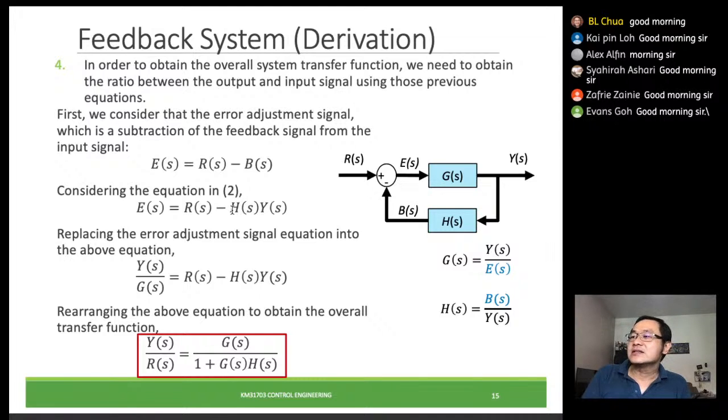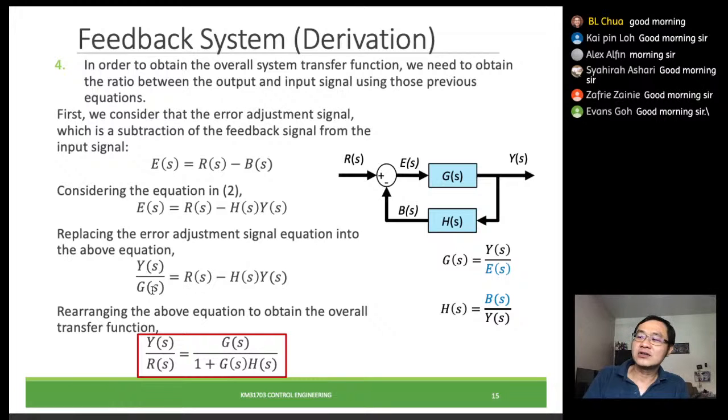Next, this E, the error itself, can be rearranged as Y divided by G. So we substitute this over here, Y divided by G. Once we have this, our intention is to derive the signal such that it shows the feedback control system by comparing the output Y divided by the input R. So our intention is Y divided by R. Based on these equations, we can rearrange again.